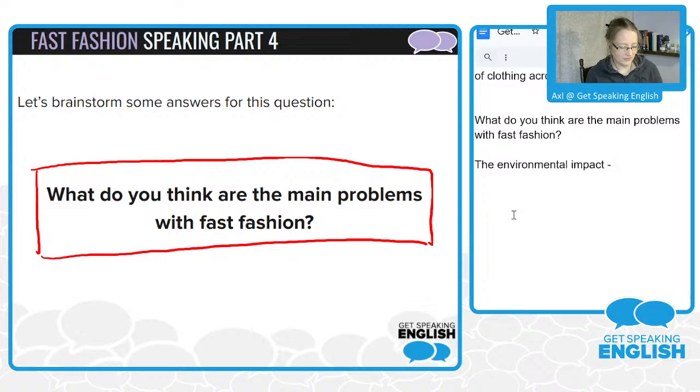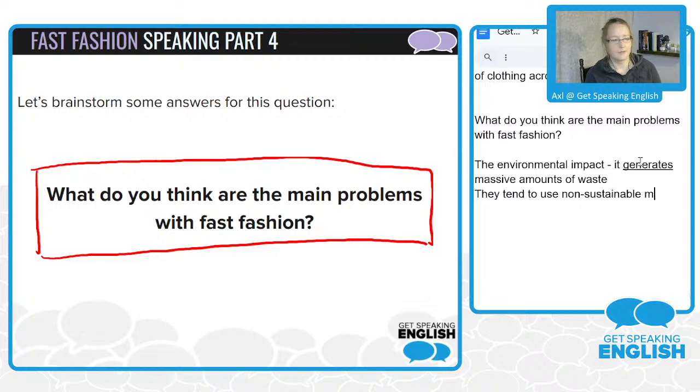Like we already mentioned, it generates massive amounts of waste, right? It creates huge amounts of waste. And we mentioned too, they tend to use non-sustainable materials, right?